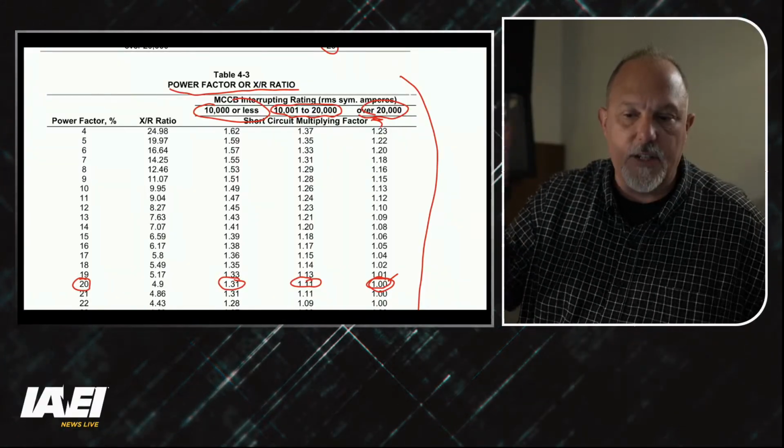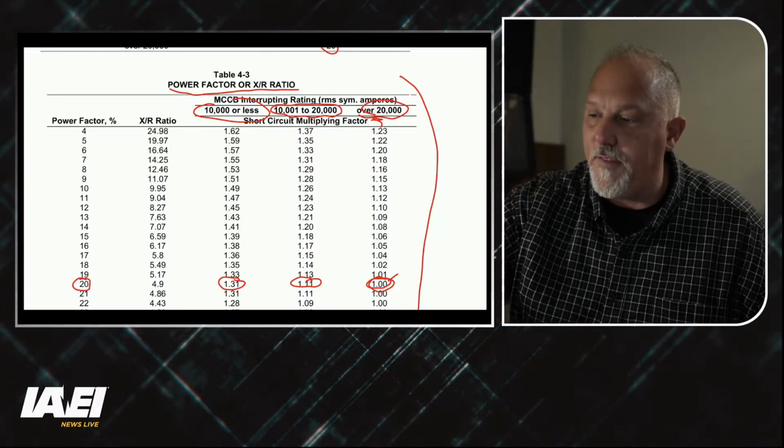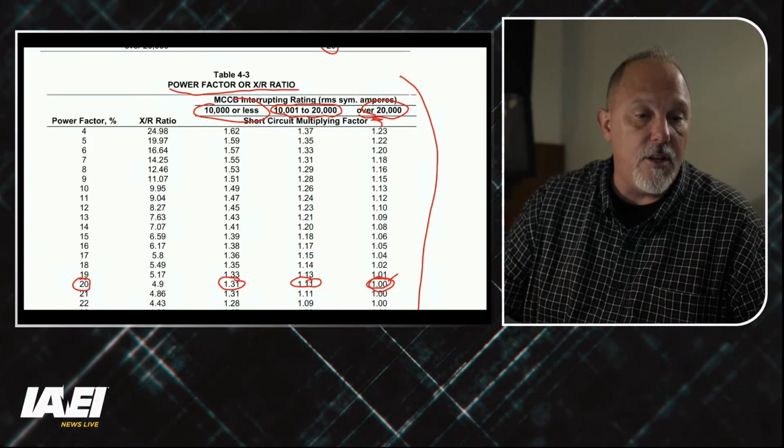When you're applying a circuit breaker, you've got to make sure that your power factor is within those limits, because if it's not within those limits on how we tested it, then you're misapplying the product, and you may have to adjust the interrupting rating of the circuit breaker. Software applications like SKM System Analysis, EDSA, or EasyPower will give you an X to R ratio, and you have to make sure that your X to R ratio isn't too high, such that it's outside of how the circuit breaker was tested.